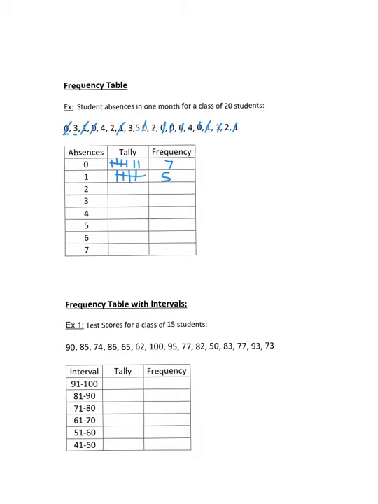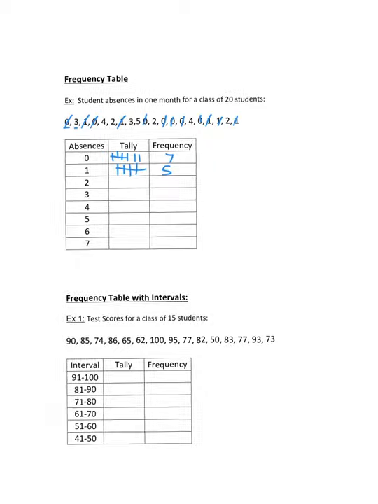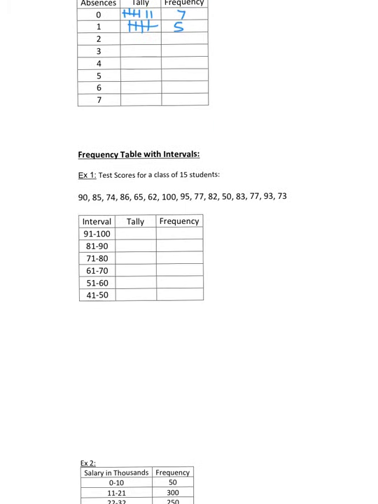Some frequency tables have what are called intervals. That means that instead of listing individual values, like in the example here of test scores, you wouldn't want to tally up how many people got a 99 and 100 and 98 and 97, because the table would be too long and difficult to read. So you do groups of numbers that are called intervals. The rule is that the intervals must be of the same length.